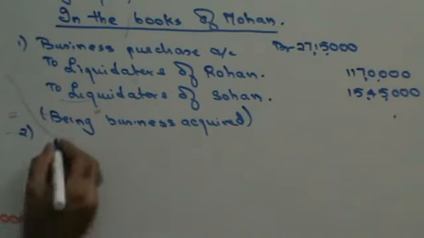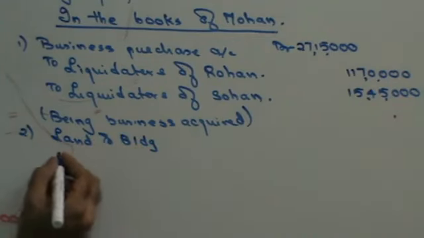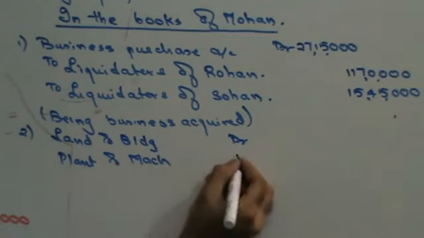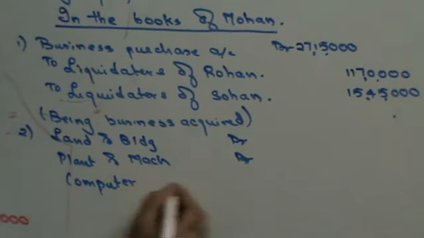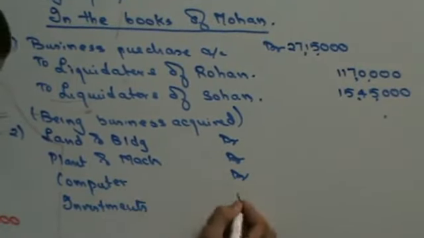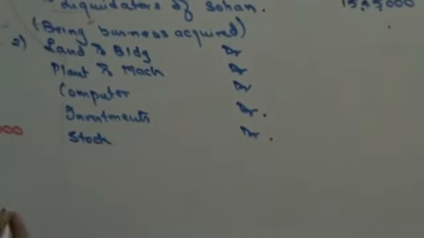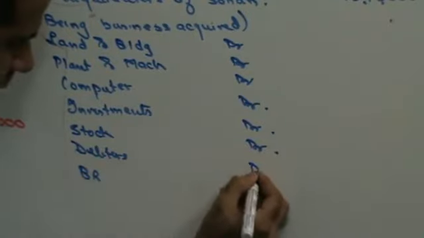You have land and building, plant and machinery debit, computer debit, investments debit, stock debit, debtors debit, bills receivable debit, bank debit.